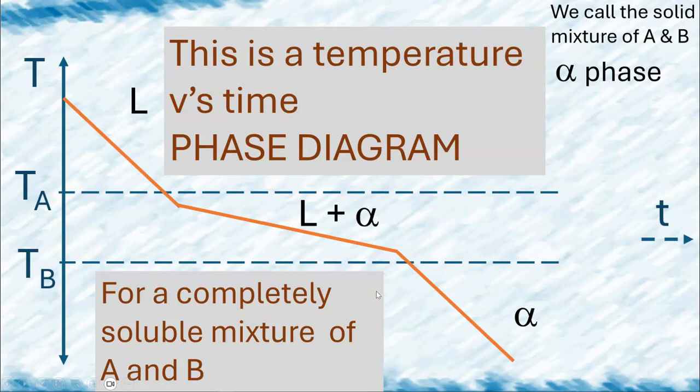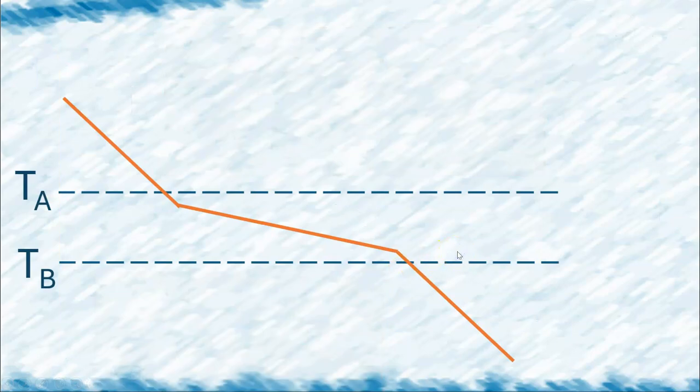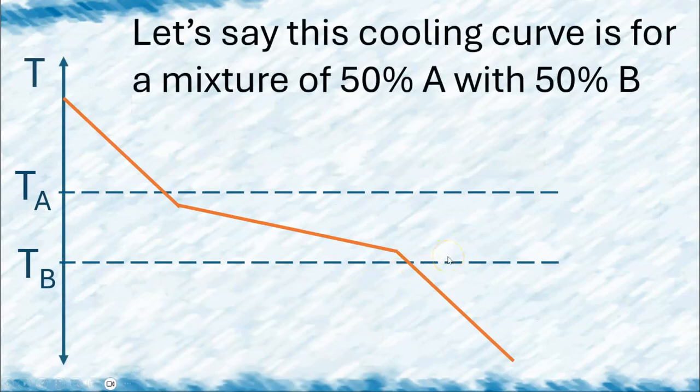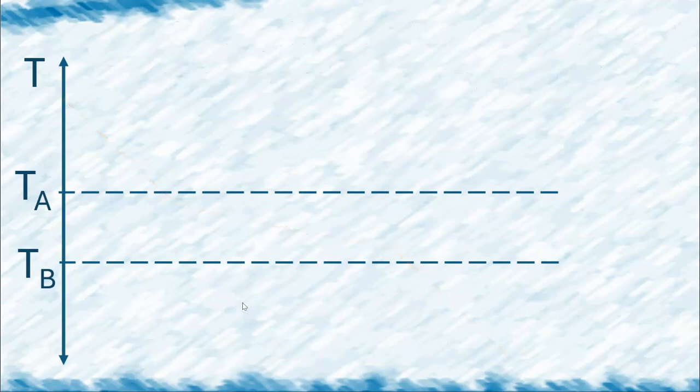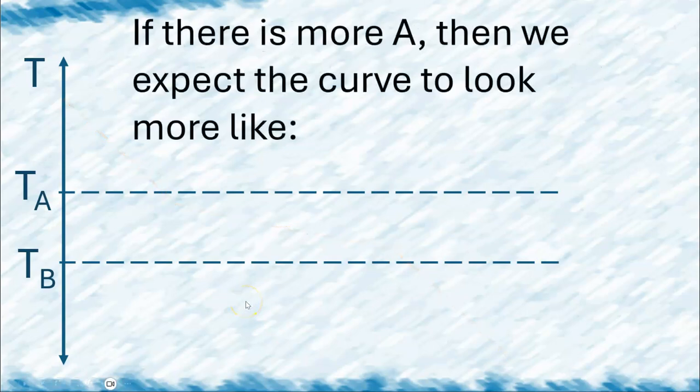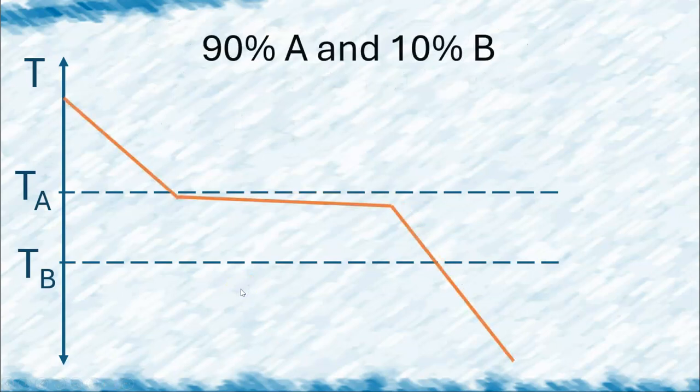So this is a temperature versus time phase diagram, a cooling curve for a completely soluble mixture of A and B. So let's say this cooling curve was for a mixture of 50% A with 50% B. If there is more A, then we expect the curve to look a bit more like the pure substance cooling curve for A. So if we have just a little bit of B in there, we're going to have that behavior like we had for the 50-50 curve, but it's going to behave a lot more like the pure substance, so closer to A's isotherm, the melting point.